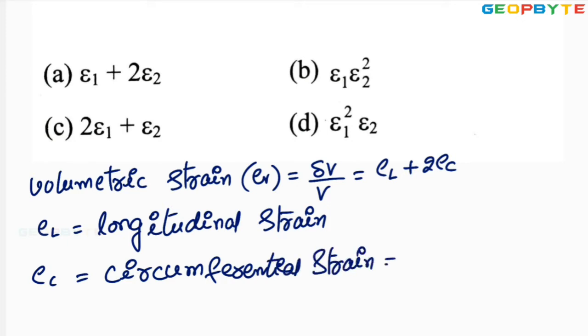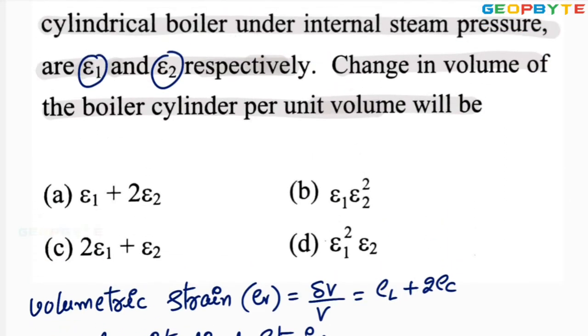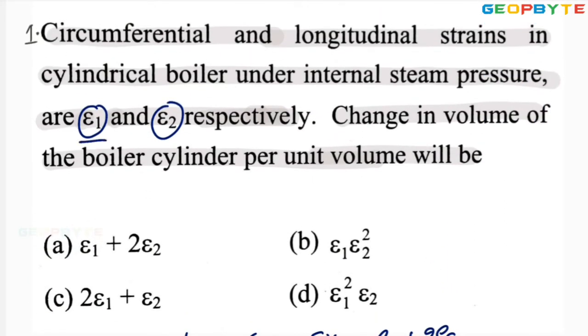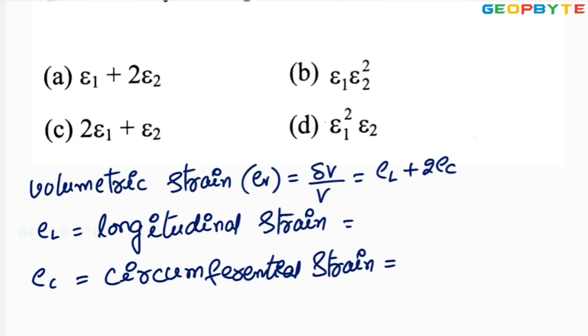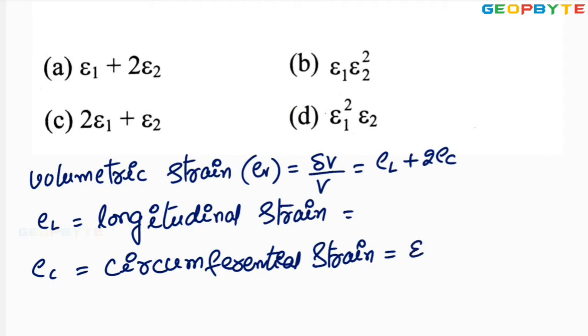But in our problem, the circumferential strain is given as epsilon 1 and longitudinal strain is given as epsilon 2. Therefore, it can also be written as longitudinal strain equal to epsilon 2 plus 2 times the circumferential strain, equal to epsilon 1, 2 times the epsilon 1.